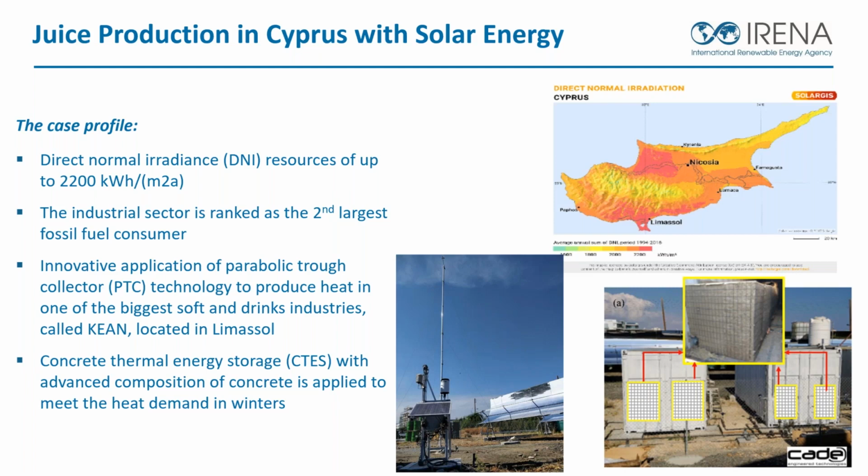And connecting to district heating and cooling is the cascaded use of thermal energy. Because many industries are not very far away from the cities, the urban areas, the load can be there.